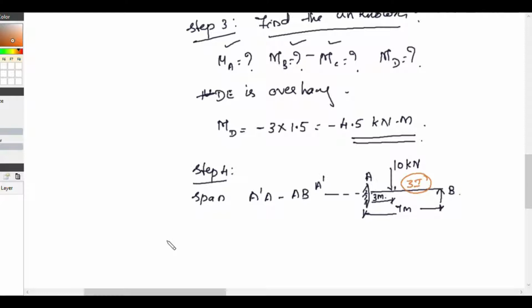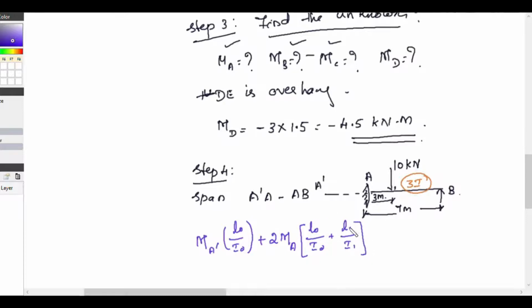We know the 3 moment equation is, for the first span, that is here A dash: M A dash into L naught by I naught, plus 2 times the intermediate support, that is moment at A, into L naught by I naught plus L1 by I1.